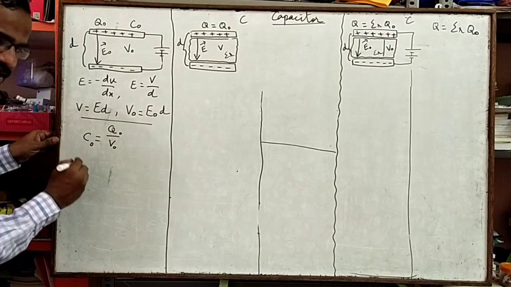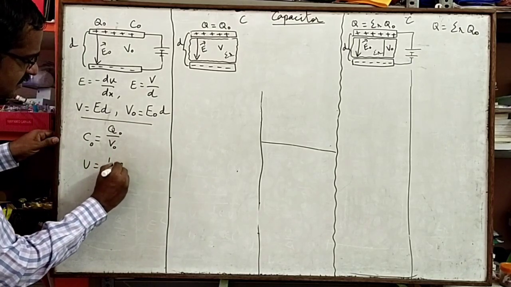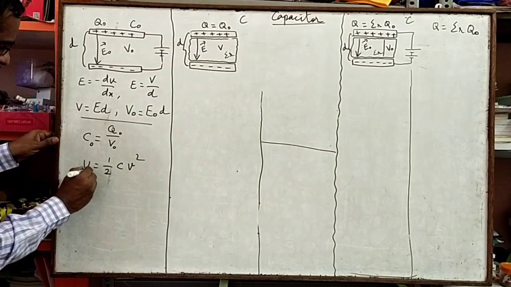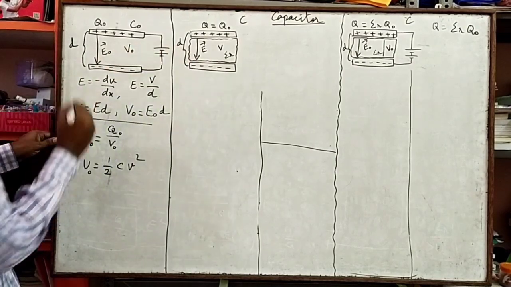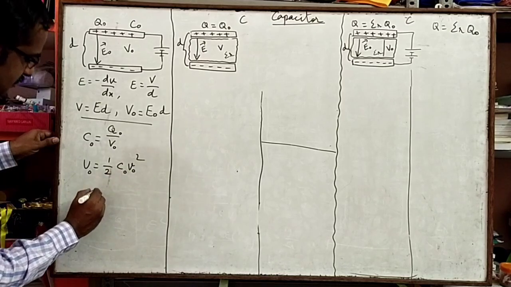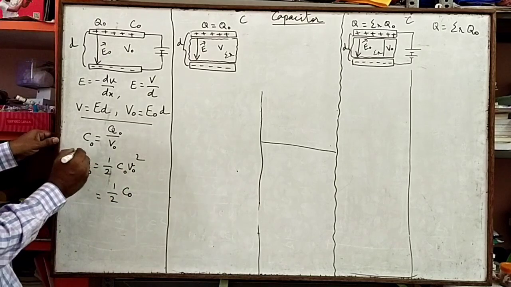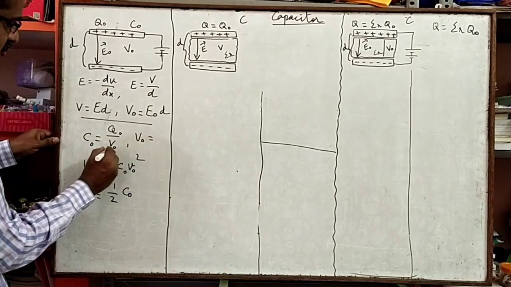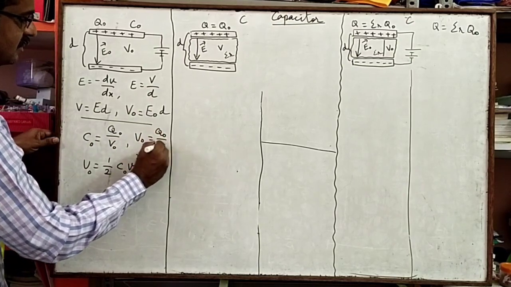Also, we know the energy stored in a capacitor formula: U is equal to half CV square. In this case, let us take it as U0, where it is connected to a battery and there is no dielectric. U0 is equal to half C0 V0 square. From the equation, we can write V0 is equal to Q0 divided by C0.